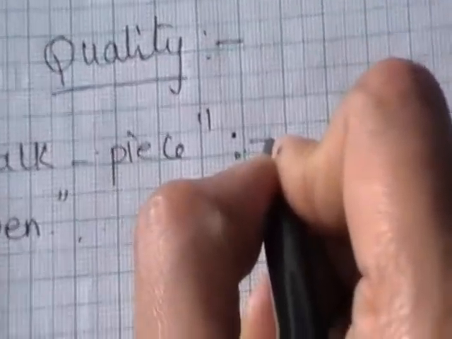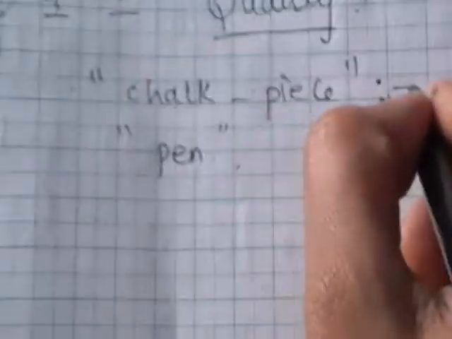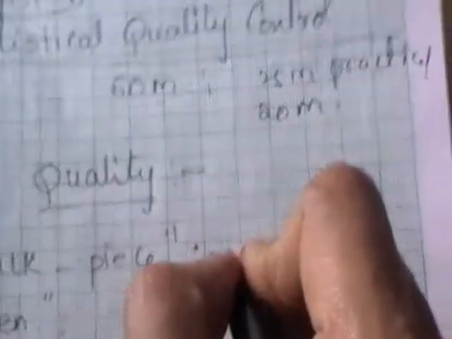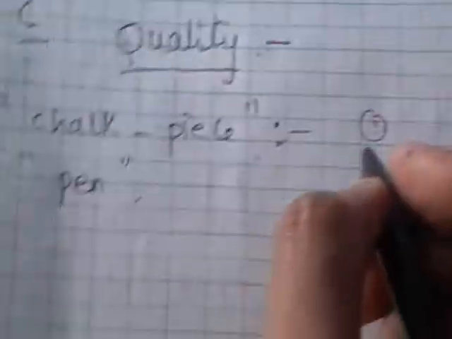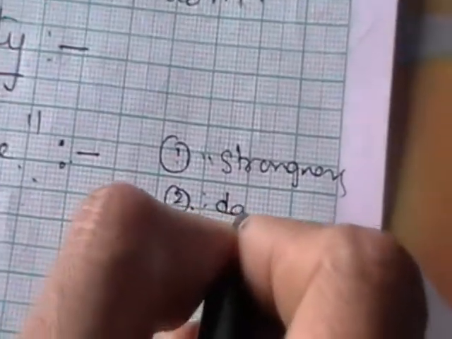If you want to buy chalk, you collect two pieces from a box and check whether the chalk piece has the required strength or not. That is one of the dimensions you expect from its quality. Similarly, whether it has darkness in writing or not. To check the quality of a chalk piece, you are using some dimensions like strength and darkness while writing. That means quality.